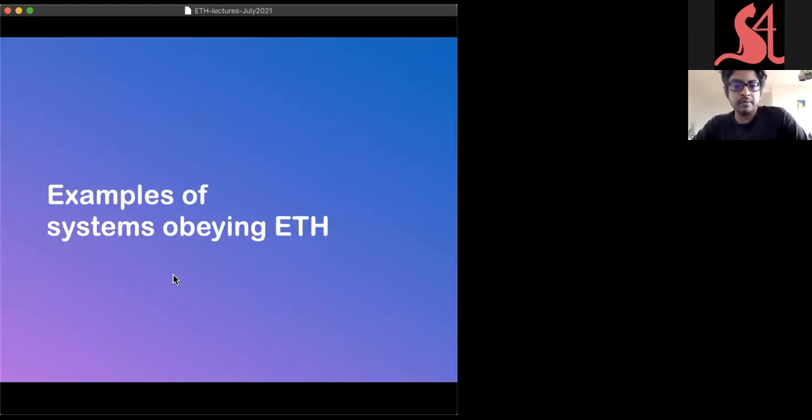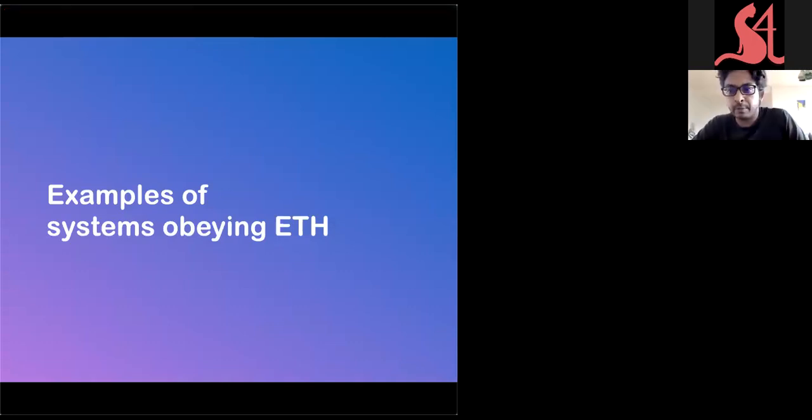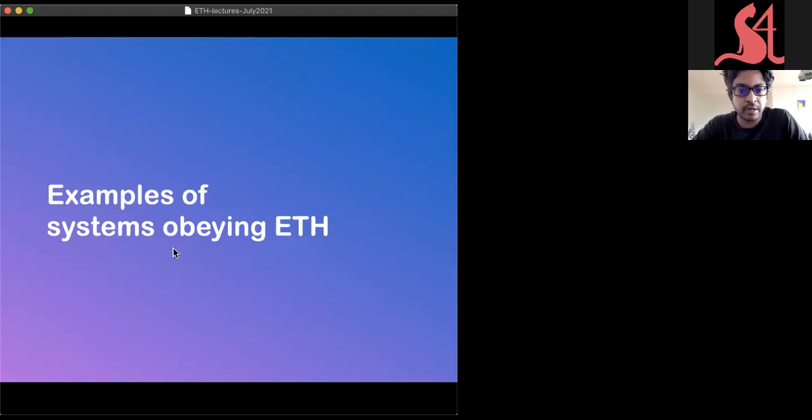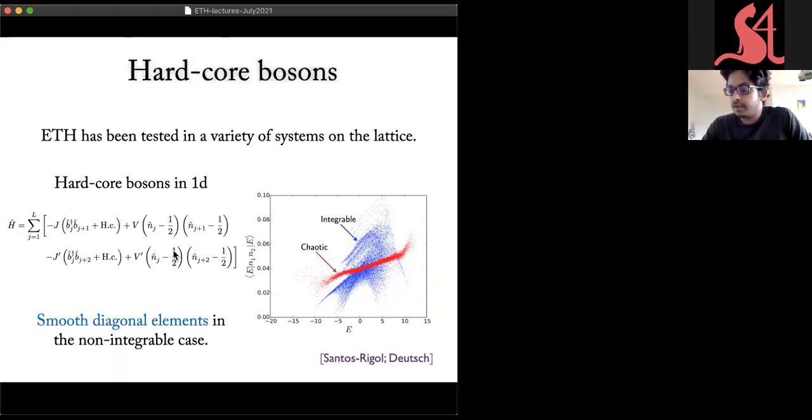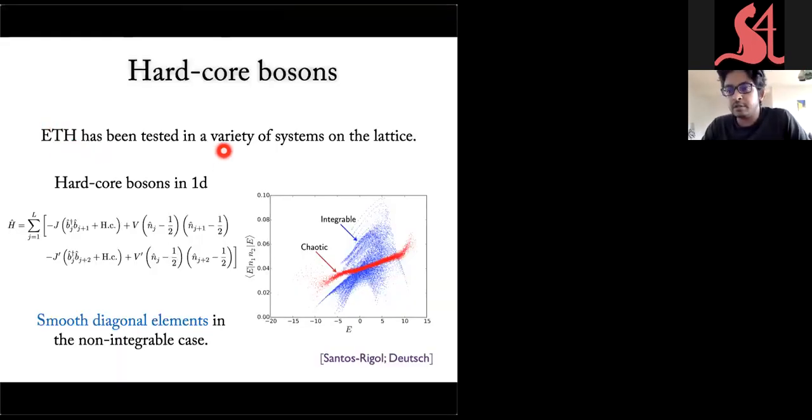So let's look at some examples of some systems obeying ETH. ETH has actually been tested in a variety of systems, condensed matter systems on the lattice, like spin systems or bosonic systems. One example is hardcore bosons in 1 dimension. Let's consider this Hamiltonian.